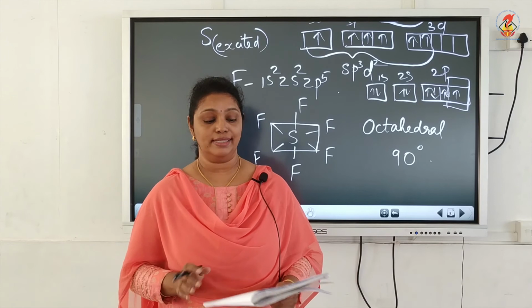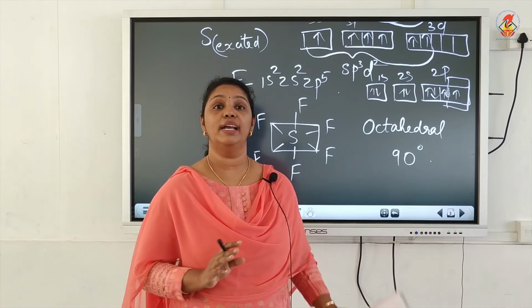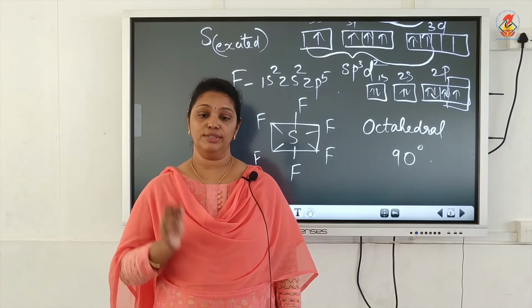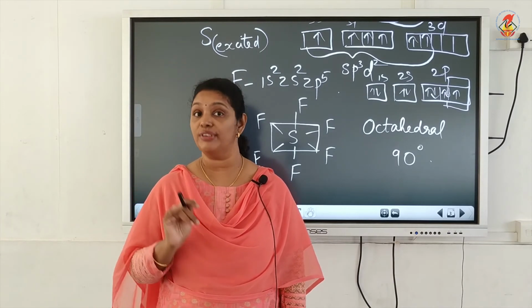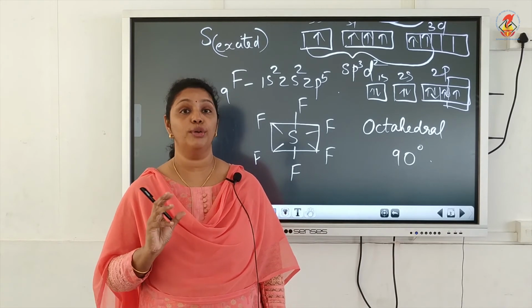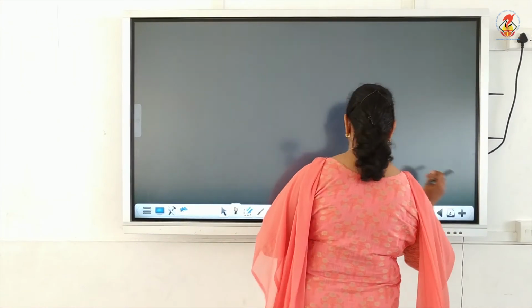Now next, let us see how to find the hybridization of a central atom in a given molecule. Suppose a molecule is given, and you are asked to find the hybridization of the central atom, we have a formula.